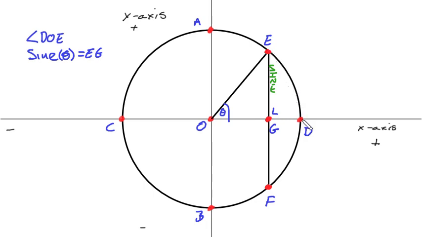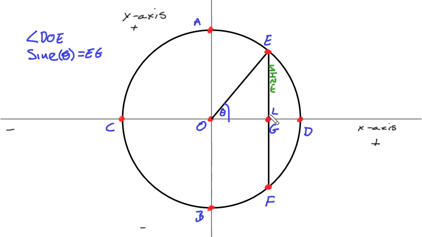So our arc ED, one end point is touched by one end of our sine. The other end of sine touches the diameter line CD, which in turn touches the other endpoint of the arc ED. But the length of this line, EG, that is what we mean when we say sine.